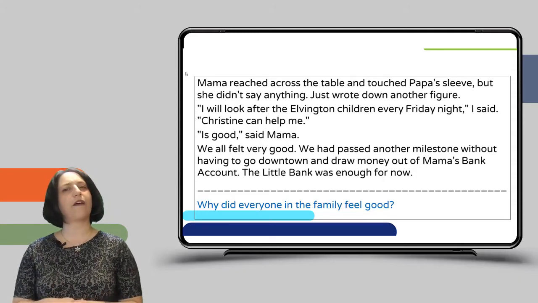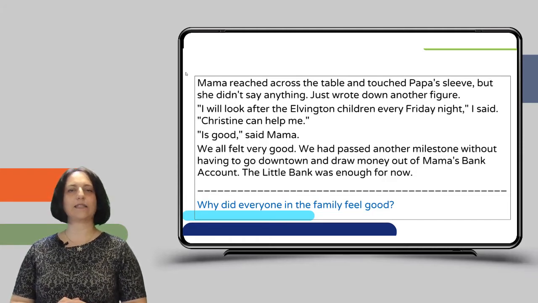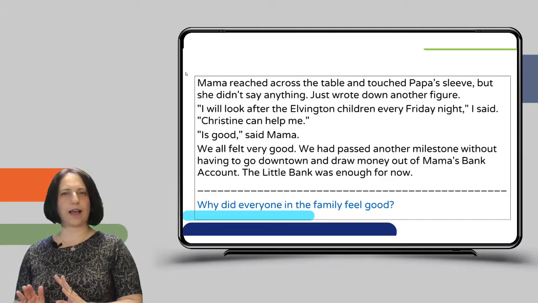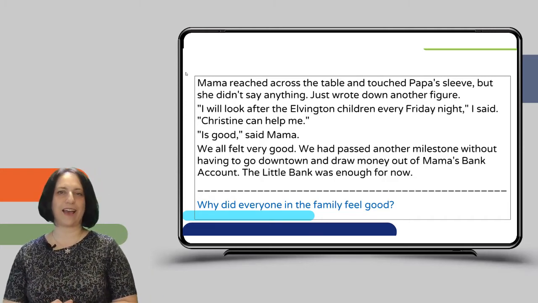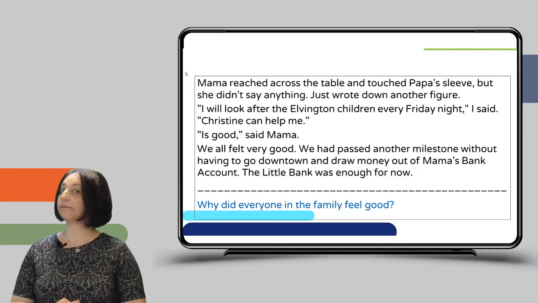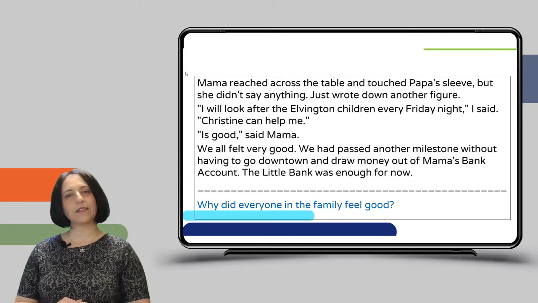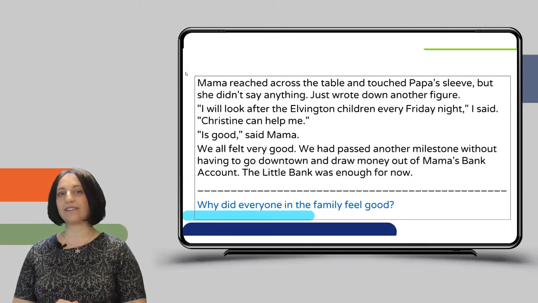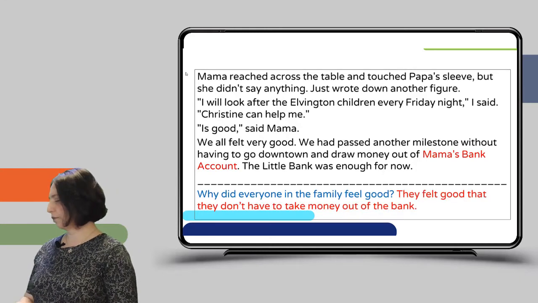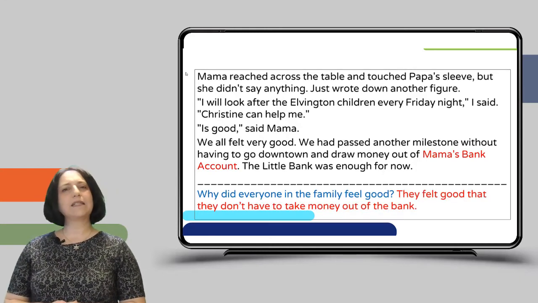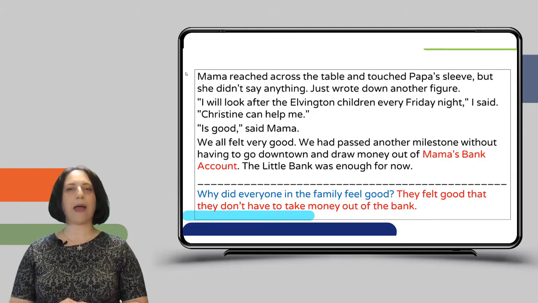Why did everyone in the family feel good, do you think? Is it because Katrine and Christine said they would go and look after the Elvington children? What do you think? Can you find the answer in the text? Maybe it's not there. Have a look and see if you can find the answer. So it's about not having to go to the bank.